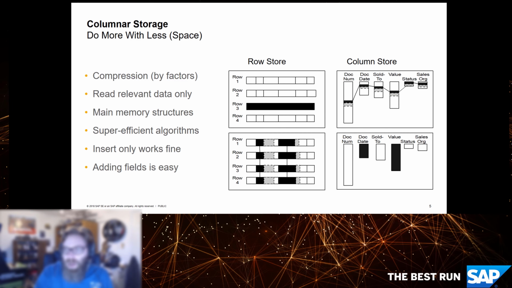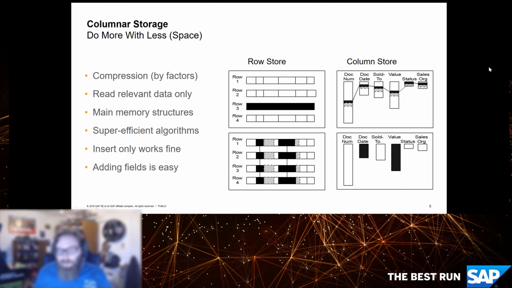Like here we have document number, document date, sold to, value, status, and sales org. In a row store, all the data for a row is stored contiguously on disk or in memory. So you'd have the little fragment of data for the document number and the fragment for document date and sold to, value. That's what's stored here contiguously in memory, as we see in row 3 of the row store.